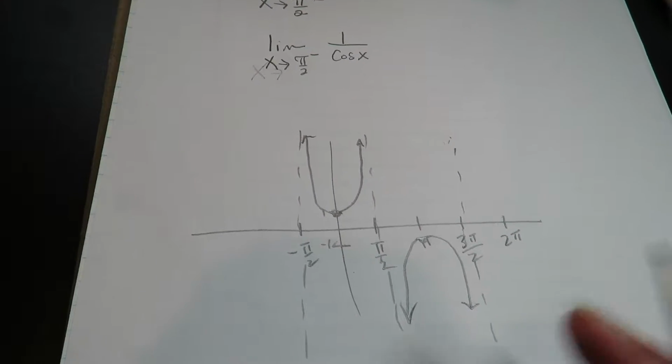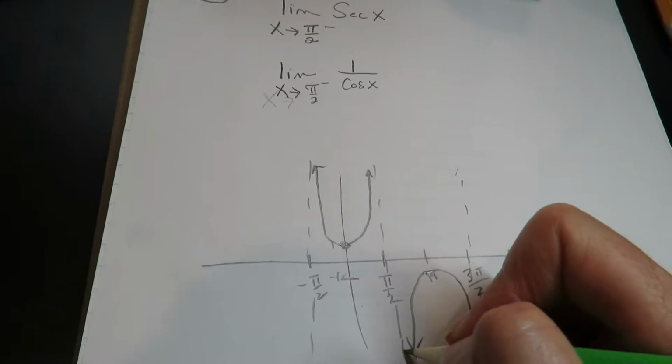This is the one with the repeating floating parabolas. Let me just do the pi over 2, which is right here.